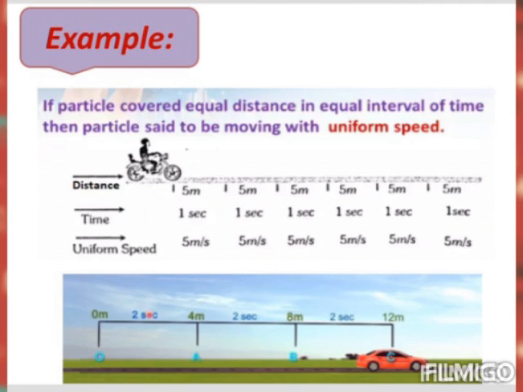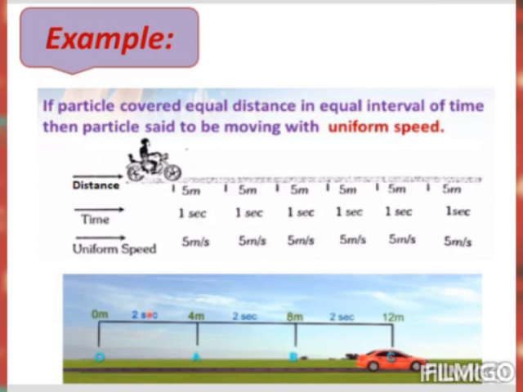After that 1 second, the bike rider again covers 5 meters in 1 second. After that, the bike rider again covers 5 meters in 1 second. As you can see in the table, the first value of time is 1 second and the distance is 5 meters. The second value of time is 1 second and the distance is 5 meters. And the third value of time is 1 second and the distance is 5 meters.